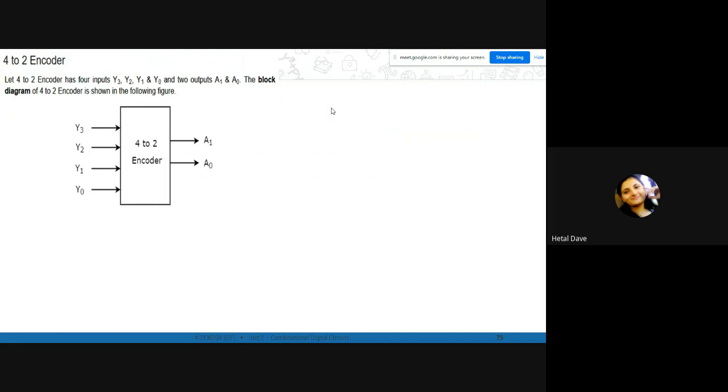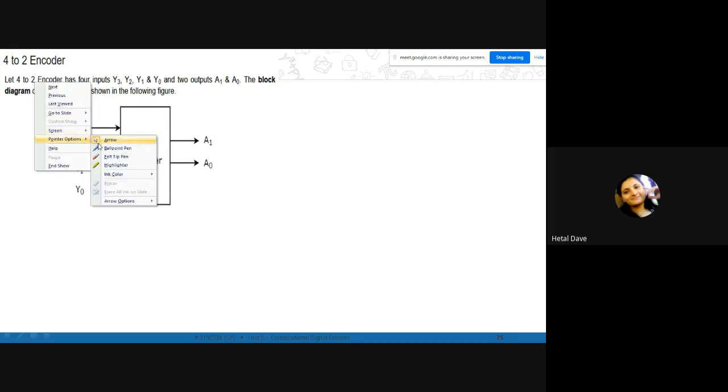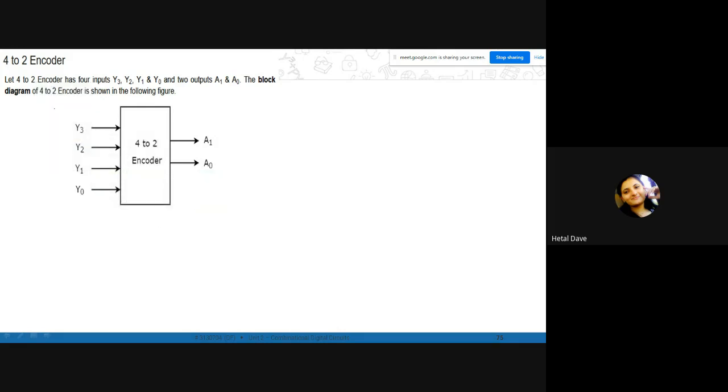So let's say I am going to take a 4 cross 2 encoder. Then 4 inputs and 2 outputs. Let's say the inputs are named y0, y1, y2, y3, and the outputs are named a0 and a1.